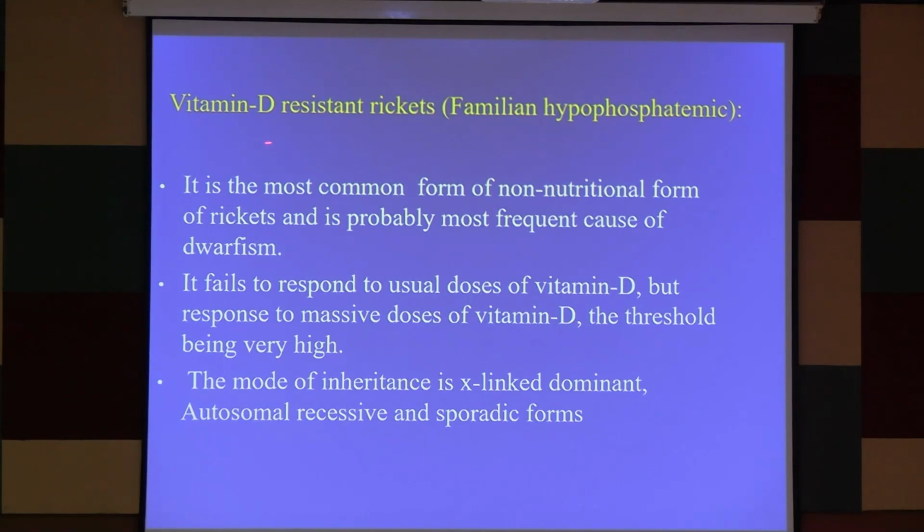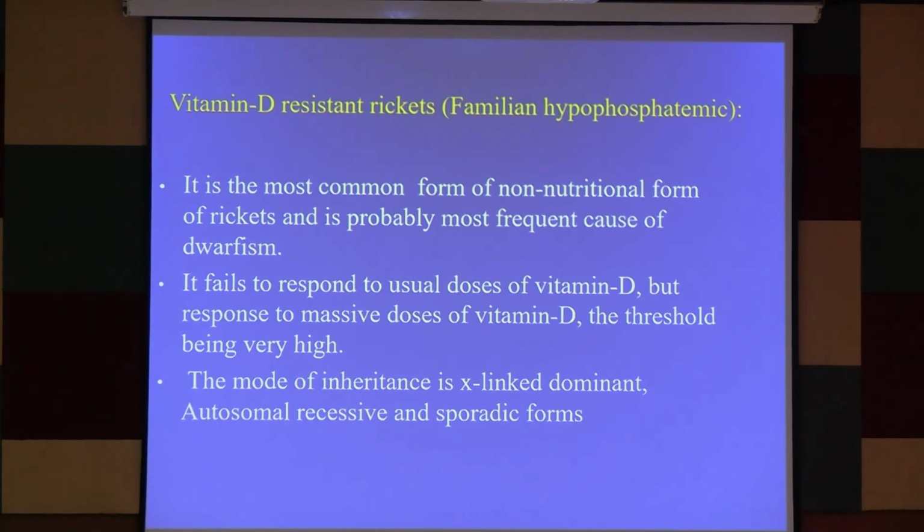And these vitamin D resistant rickets, again I will ask you to remember, it's often called familial hypophosphatemic rickets. It is the most common cause of non-nutritional rickets. It could be X-linked dominant or autosomal recessive or dominant, but the most common is X-linked dominant. Okay. The neat question. This is most commonly X-linked dominant.